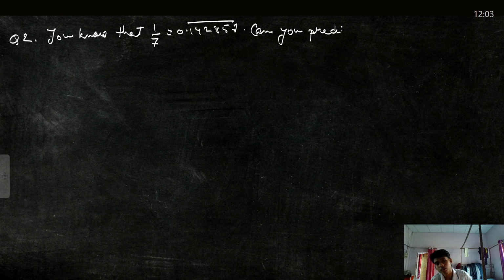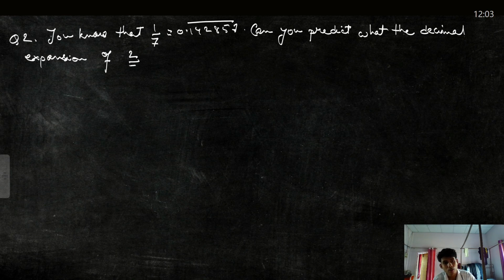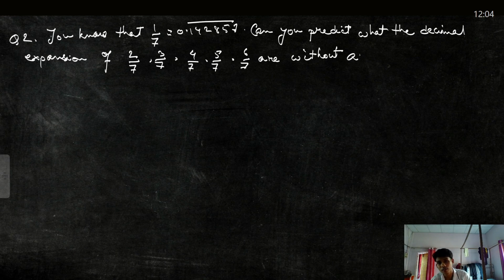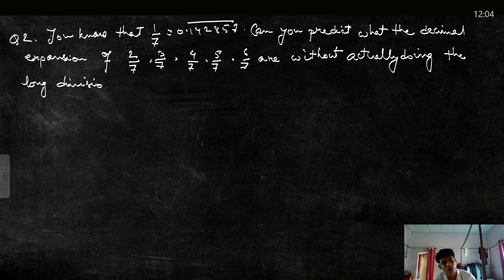Can you predict what the decimal expansion of 2 by 7, 3 by 7, 4 by 7, 5 by 7, 6 by 7 are without actually doing the long division?